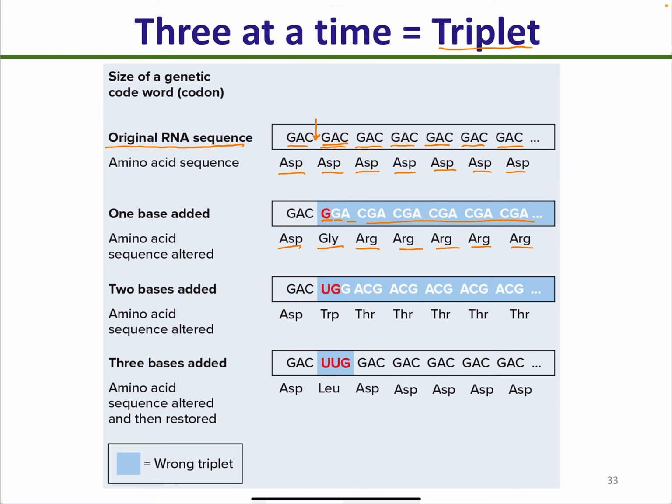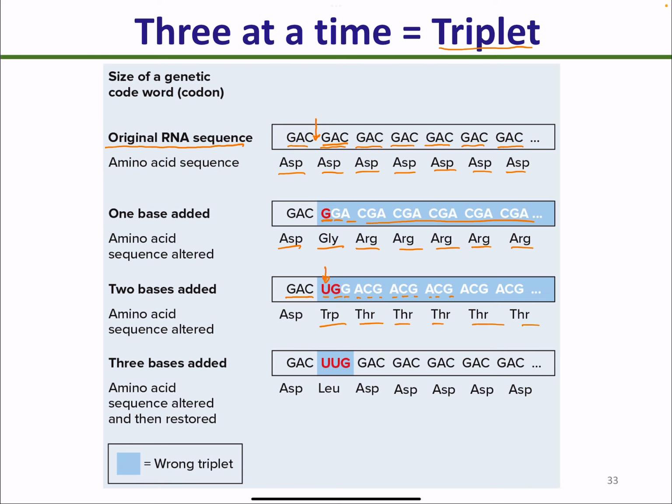Let's see if we add one additional nucleotide to the first one. So we're going to add this time U in addition to G. Now, we still have our GAC to start with, but now we have UGG, which is tryptophan, and then we have ACG, ACG, ACG, which is threonine.